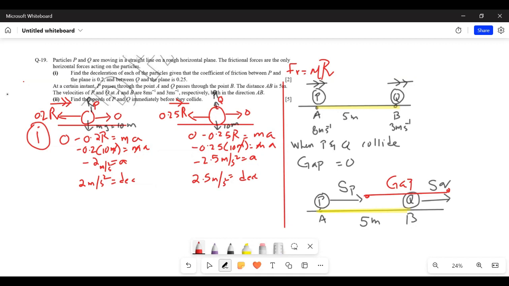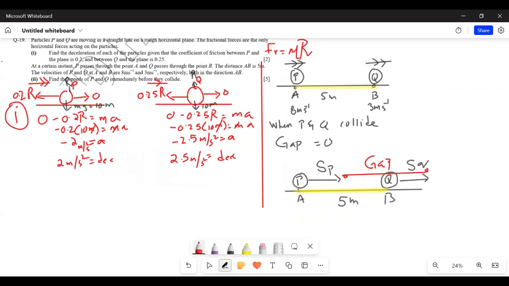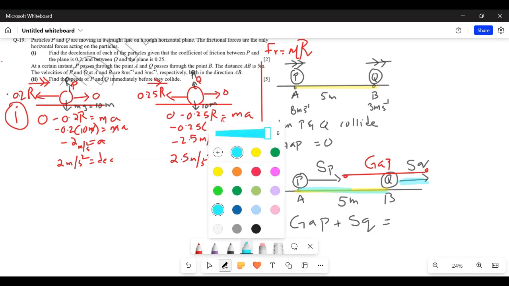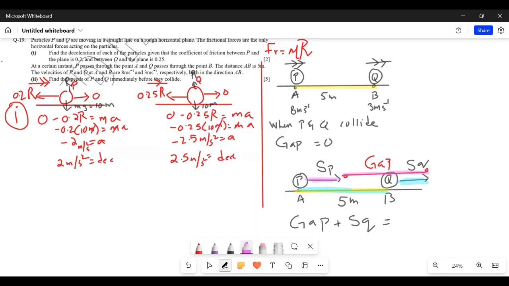Now we need to form an equation of all of these: gap, distance covered by P, distance covered by Q, and 5 meters. Notice that if you add the blue lengths, that should be equal to the sum of the pink lengths.